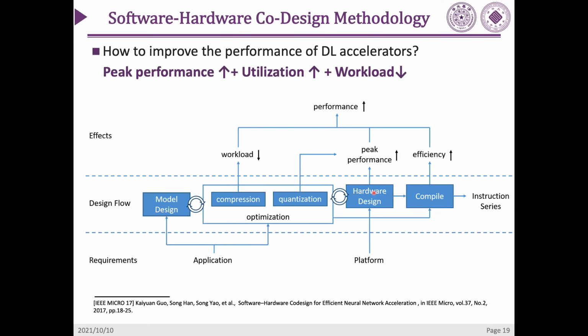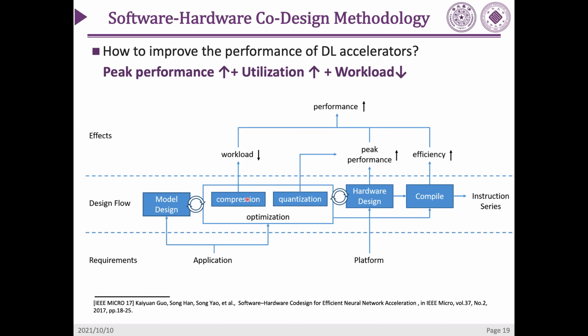And how to improve the performance of the different deep learning accelerators? We find out that you need to do software and hardware co-design. This is the key methodology we are trying to use during the different neural network accelerations. For a neural network, you need to train a model. So for the design flow, you need to do the model design first.